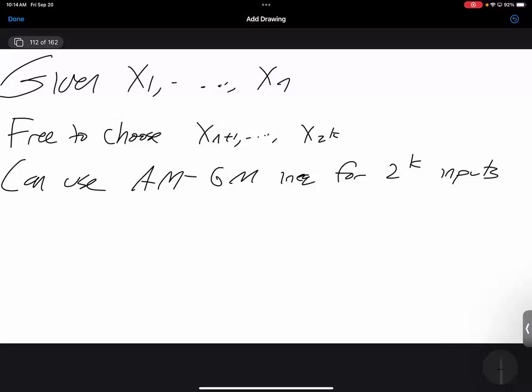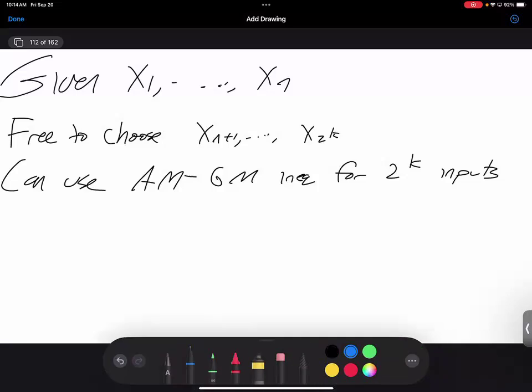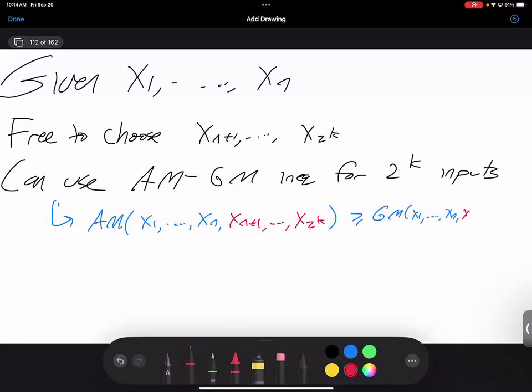And so in that situation, we know the arithmetic mean of x1 through xn, and then, I'll switch to the red, xn plus 1 dot dot dot x2 to the k, is greater than or equal to the geometric mean of x1 through xn, xn plus 1 dot dot dot x2 to the k.